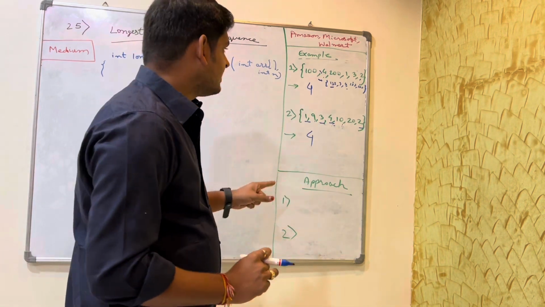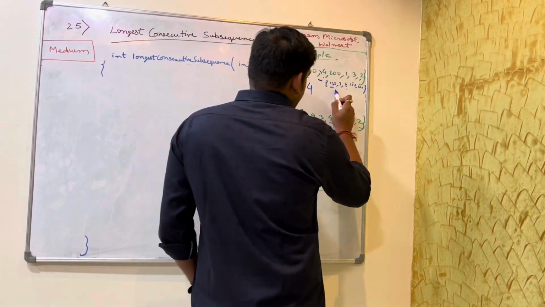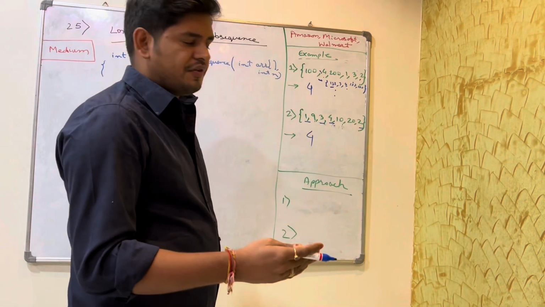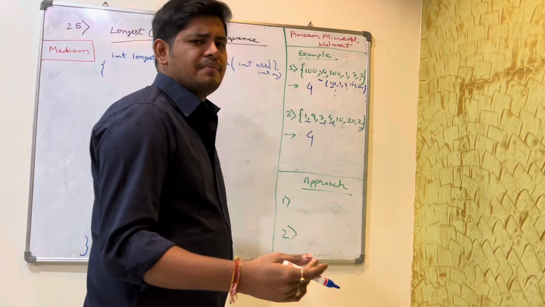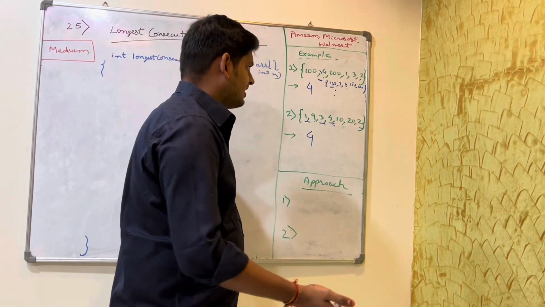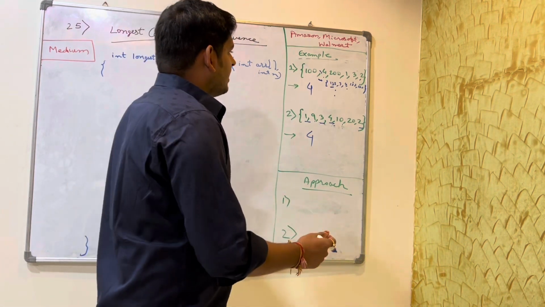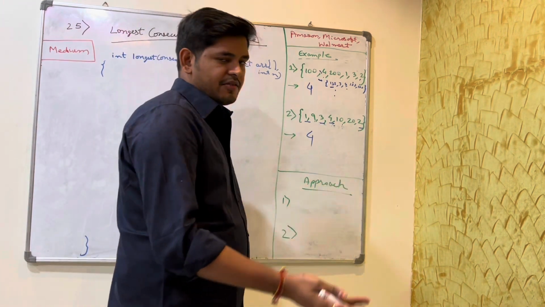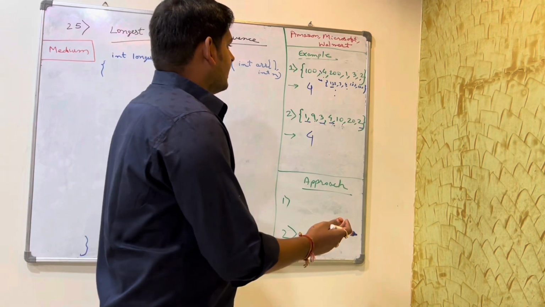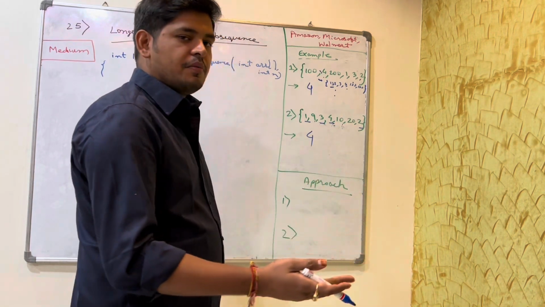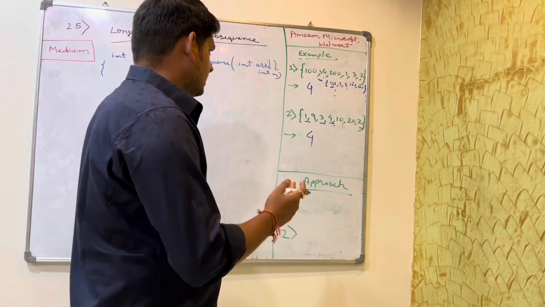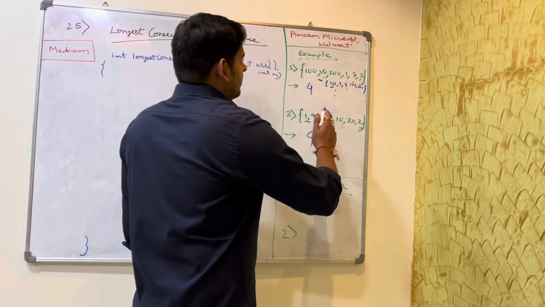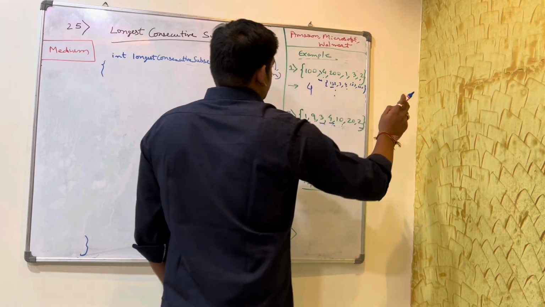How would we handle that case? Once we sort the array, we will remove the duplicates. If a number is repeated, we can take an extra vector or extra array, and insert the distinct elements. In that way, the space complexity would be order of n, because we are taking an extra array, and the time complexity would be order of n log n, because the sorting algorithm's time complexity is order of n log n, and then in one traversal we can find the maximum.